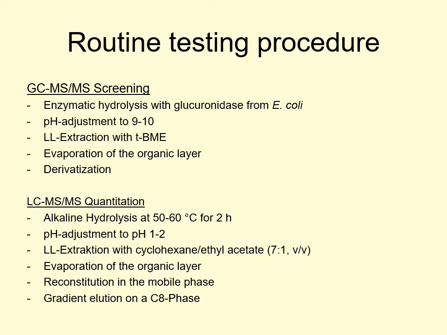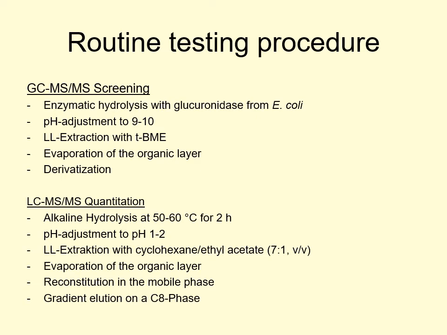In the case that the concentration of delta-9 tetrahydrocannabinol exceeds the laboratory internal cutoff, quantification using LC-MS-MS is performed to determine if the concentration is above the threshold concentration available in the technical documents of WADA.